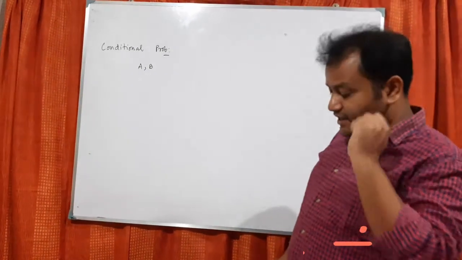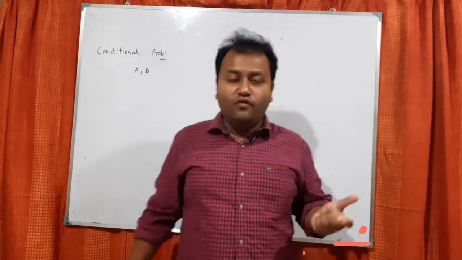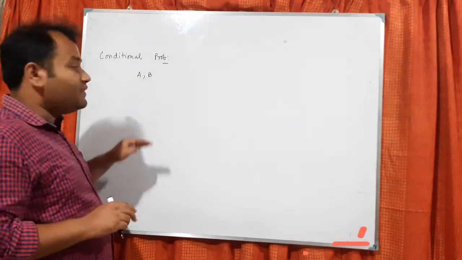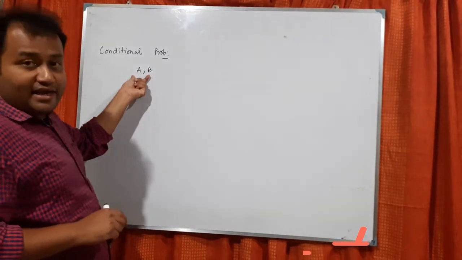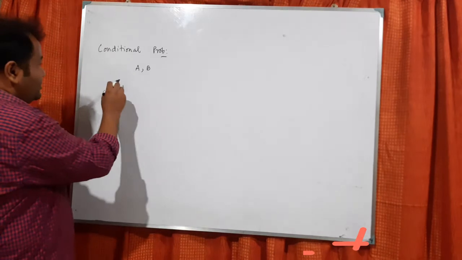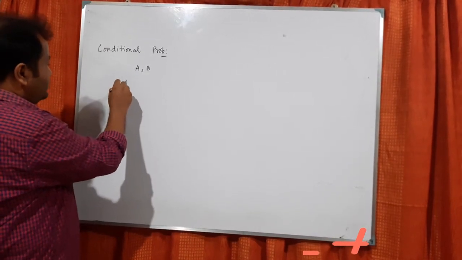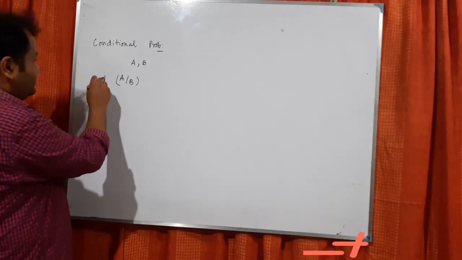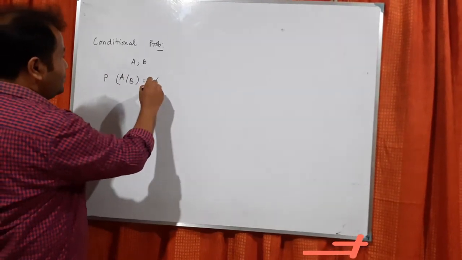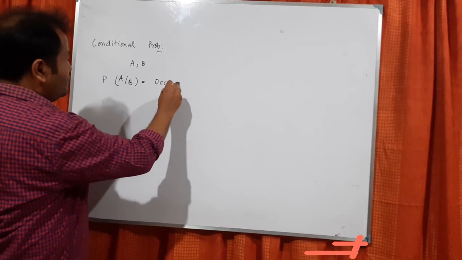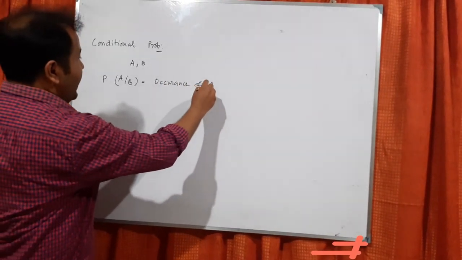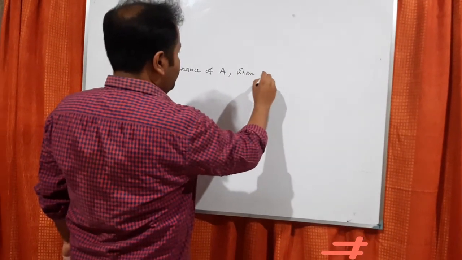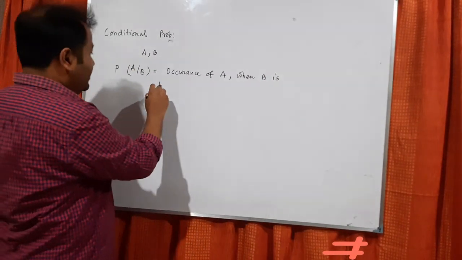That is called conditional probability, A condition B. That is, already B is happening, then what is the case of A? So this is called conditional probability. So A by B, this is the event. So this means occurrence of A when B is happening already.